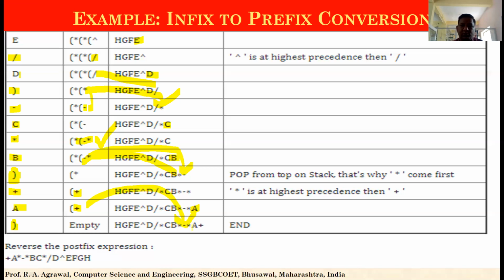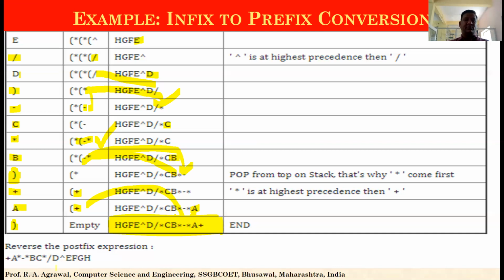So once this postfix expression is obtained, you can see we have converted this infix expression to the equivalent postfix form by using the infix to postfix algorithm. Now, you know that very well, we have applied this infix to postfix algorithm in infix to prefix conversion. So what was the first step? The first step was we reversed the infix expression.